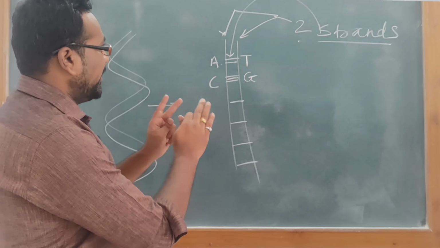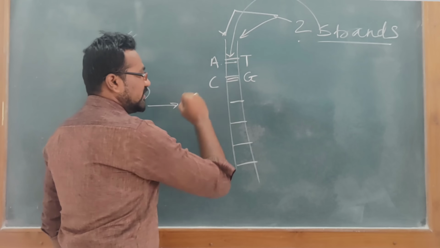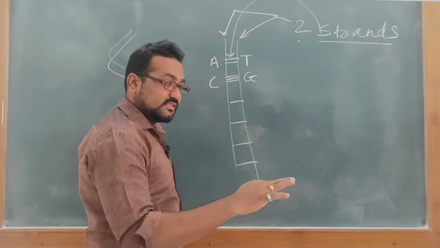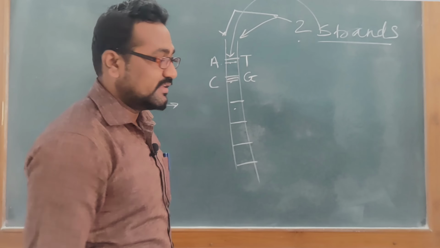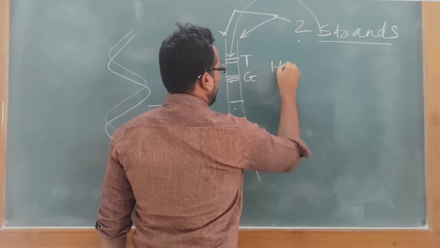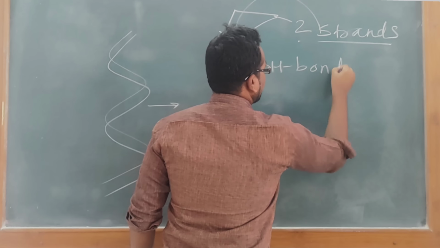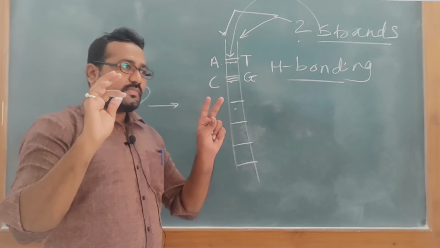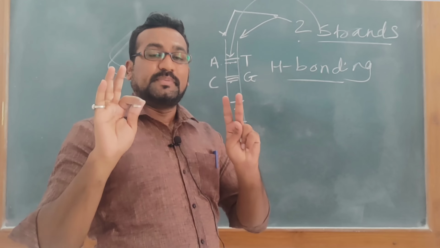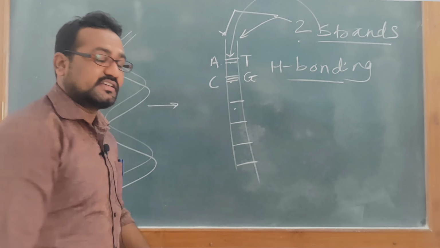So in order to keep these two strands close to each other always, there is a particular type of bonding. That bonding is known as hydrogen bonding. You can say hydrogen bonds are present between the two strands of the DNA.